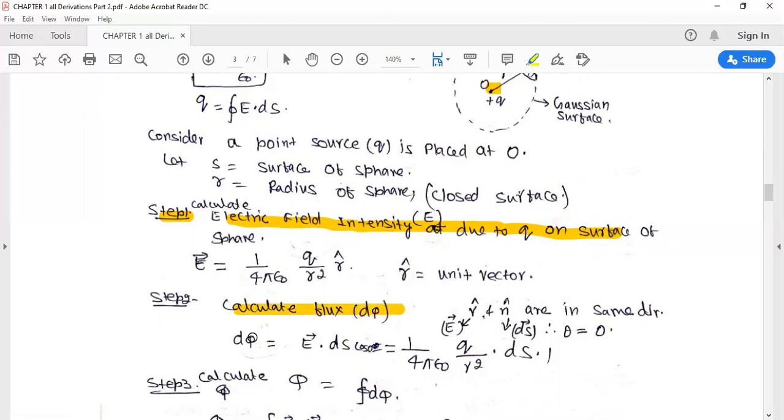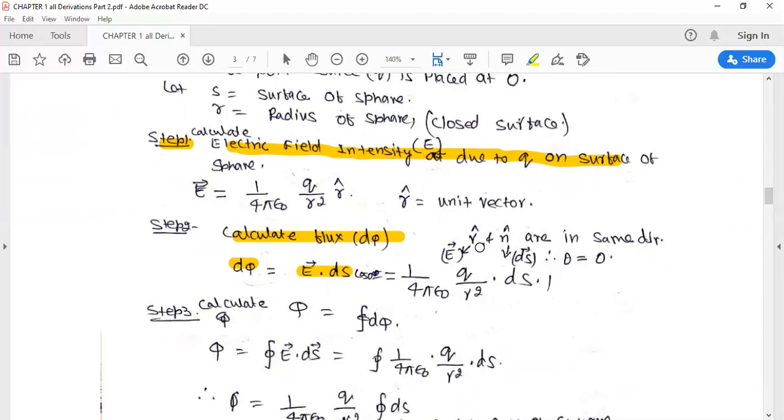Then you have to calculate flux. Flux is d phi. We know that d phi equal to E dot ds. E dot ds means E into ds cos theta equal to 1 by 4 pi epsilon naught Q by R square into ds. ds is your area vector, and its magnitude is 1.